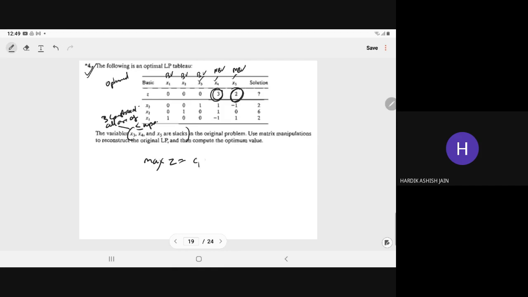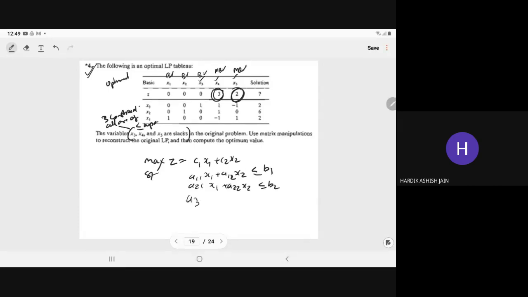So the problem will be c1 x1 plus c2 x2, subject to a11 x1 plus a12 x2 less than or equal to b1, a21 x1 plus a22 x2 less than or equal to b2, a31 x1 plus a32 x2 less than or equal to b3.